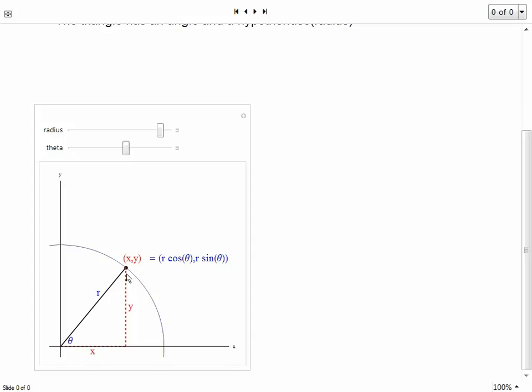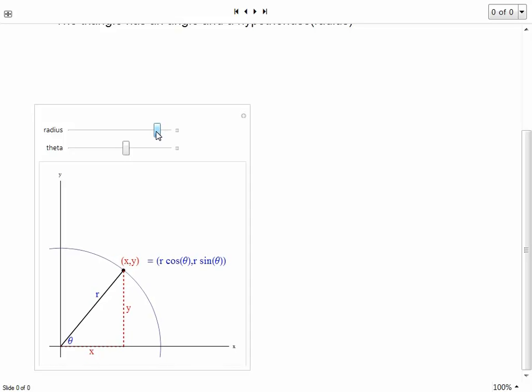So to get to this point in rectangular coordinates, you need 2 things, right? x and y. To get there a different way, by doing a turn and walking out a distance, you still need 2 things, right? What do you need? How much to turn by, and then how far to walk out. So this still requires two parameters to get to that point, but they're different, right? They're completely different concepts.